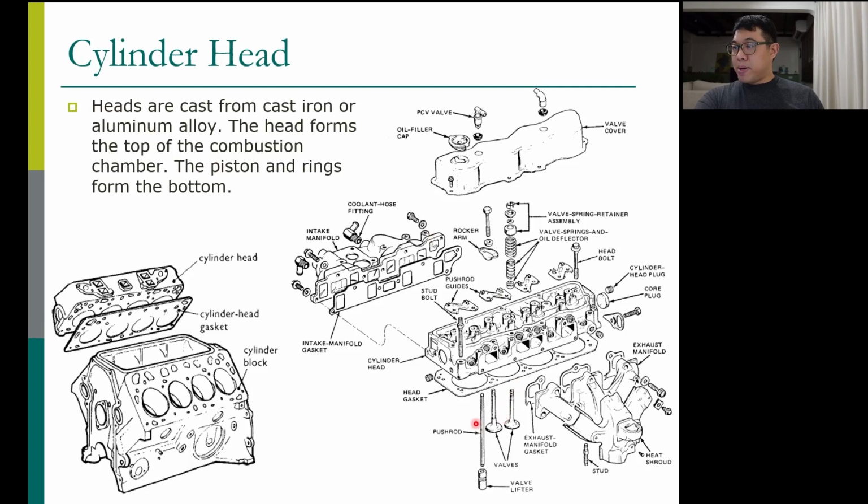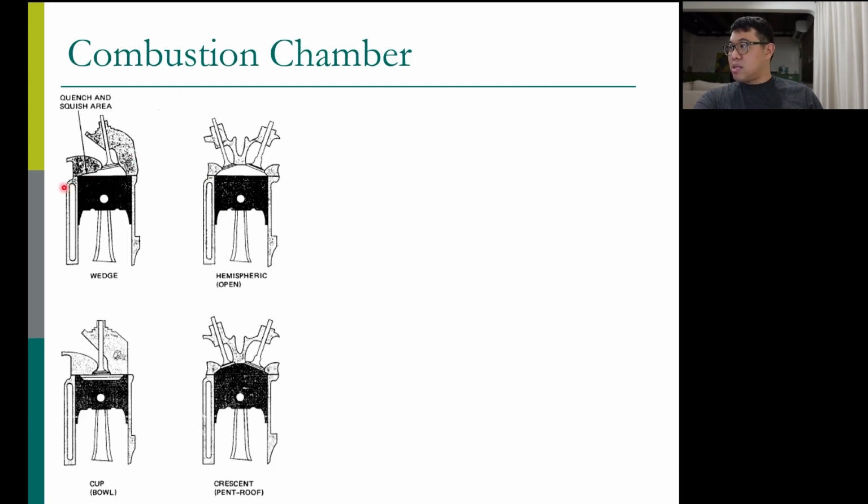Basically, this cylinder head creates the top portion of the combustion chamber. So here this is a cylinder block. You see, this is water jacket, and the piston moves in the cylinder block. The cylinder head is this part.